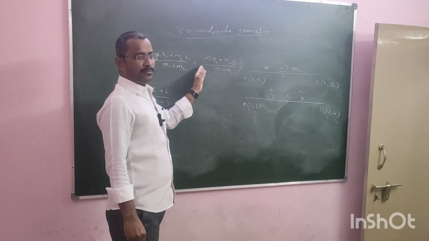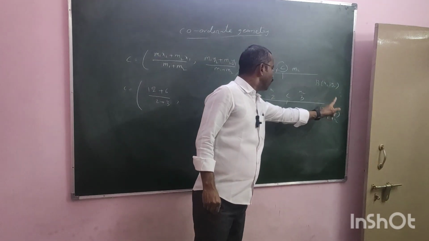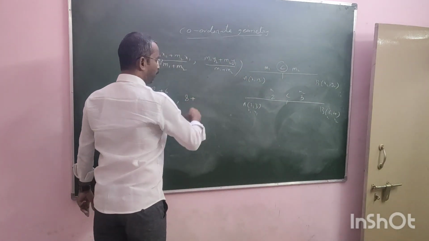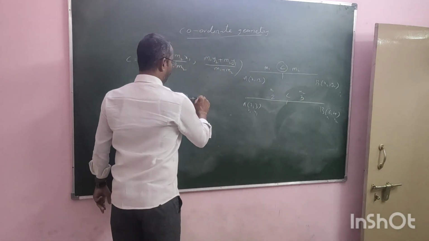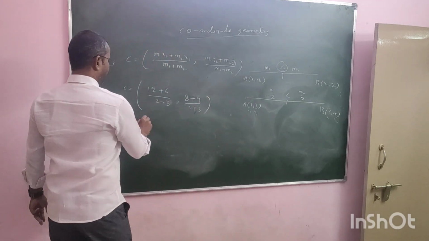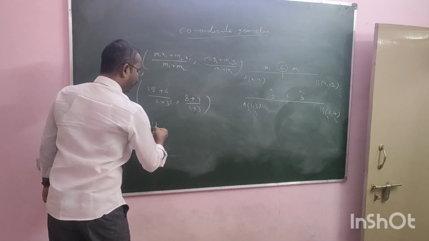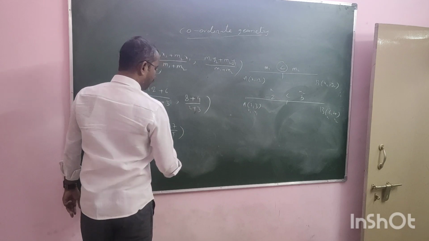Already you have the formula here. Next, m1 y2: 2 4s are 8, plus m2 y1: 3 3s are 9, by again 2 plus 3. What do you get here? 12 plus 6, 18, 18 by 5. 9 plus 8, 17 by 5. That's it.